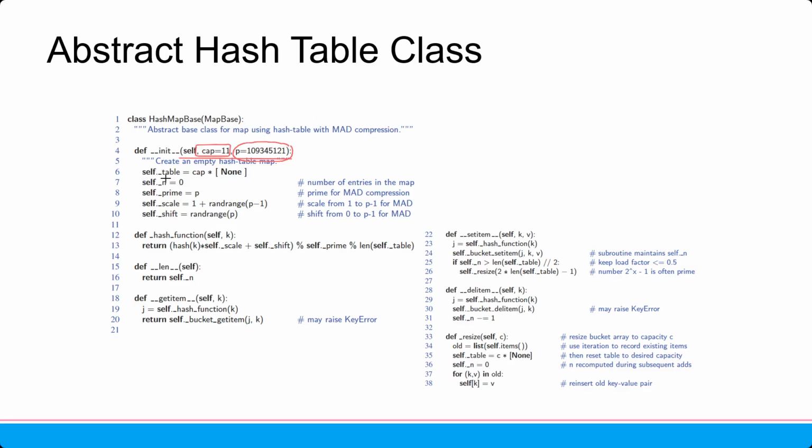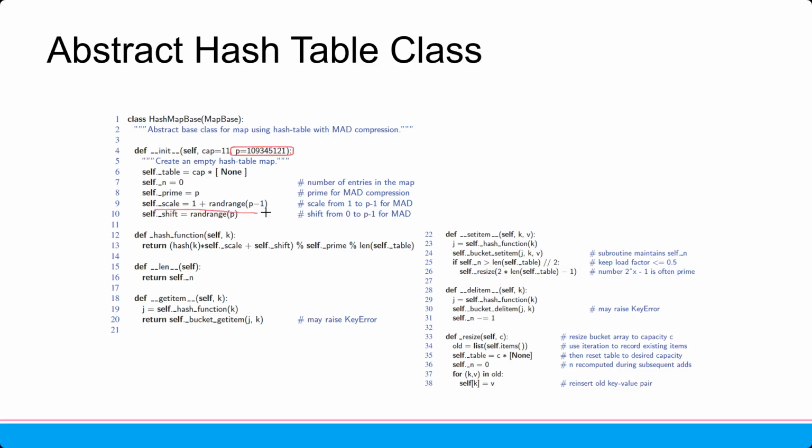So we have N and the table, which is the capacity multiplied by null. It means we will set up a null value at the first time. And then N equals 0, and the prime equals P. So in this case, we use this number as the prime for the division.